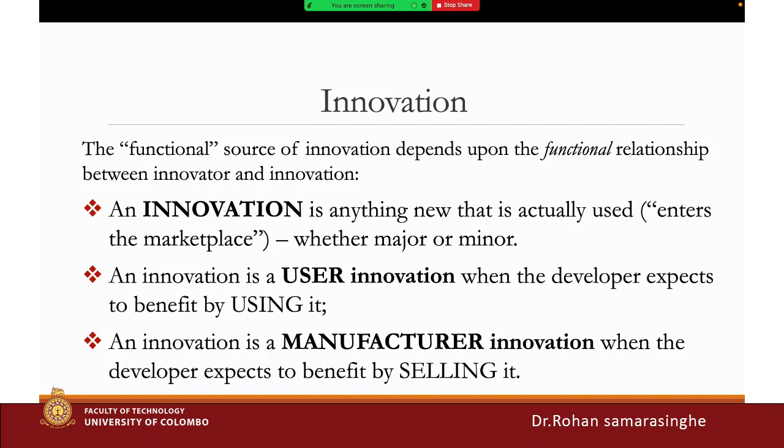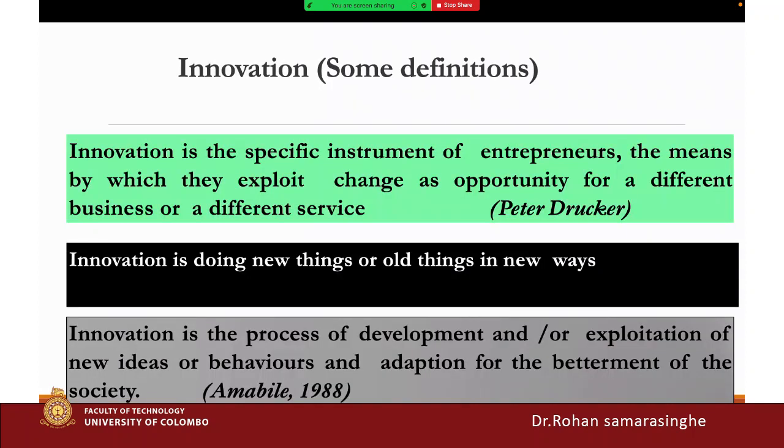And innovation is anything new that is actually used and enters the marketplace, whether major or minor. An innovation is a user innovation when the developer expects to benefit by using it. And it is a manufacturer innovation when the developer expects to benefit by selling it. The manufacturer and the user innovation.